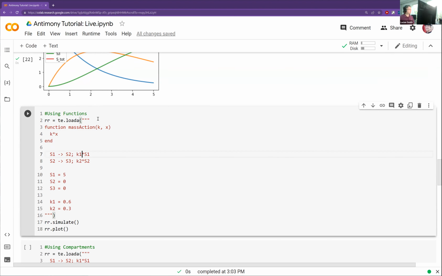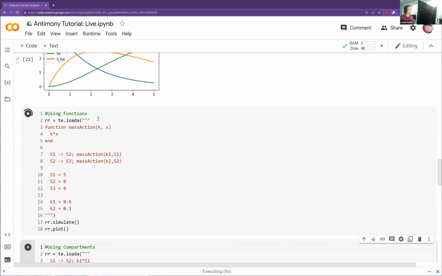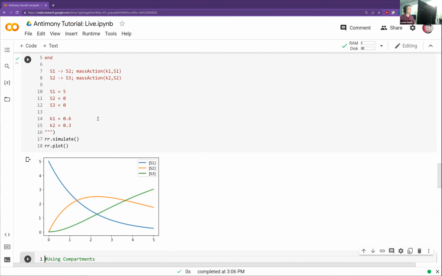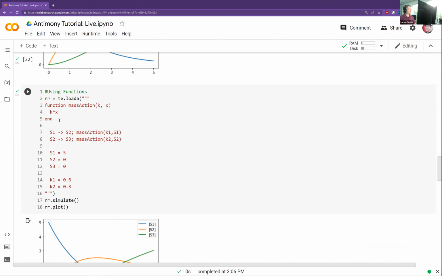But now instead of actually putting the math here, we say mass action(K1, S1), and we'll do the same thing for this. And you can imagine having even more. Obviously for something like this, you would just write K1 times S1. But the result is going to be the same. So now you've defined a function elsewhere, and then you can write it here.